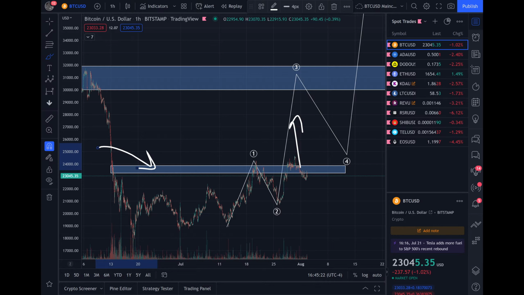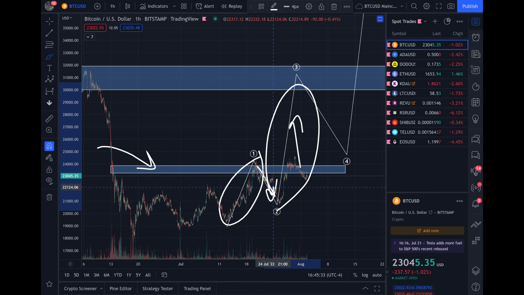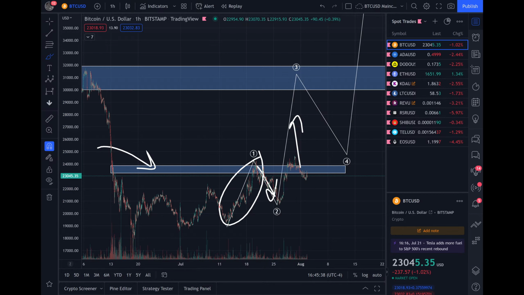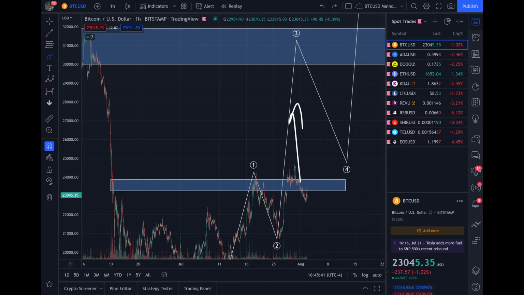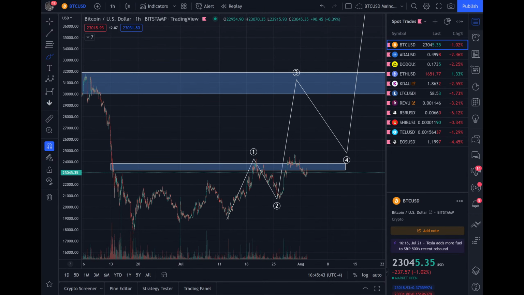Most market participants fade the first wave and they sell the second wave, and they will miss the third wave and will not participate in the new trend until the third wave has printed. And what's likely going to happen once that third wave prints is we're going to get a major drawdown.